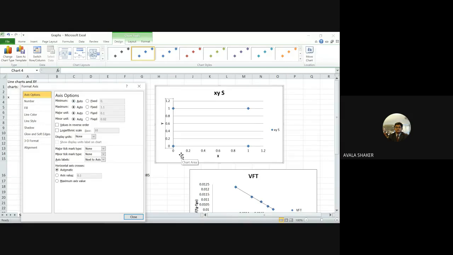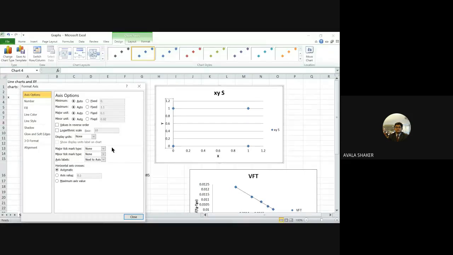Suppose your readings start only from 20 or 30, it will still plot from 0, 0. So if you're not interested in the intercept, then you can give the minimum values, or the maximum values beyond which you don't want.